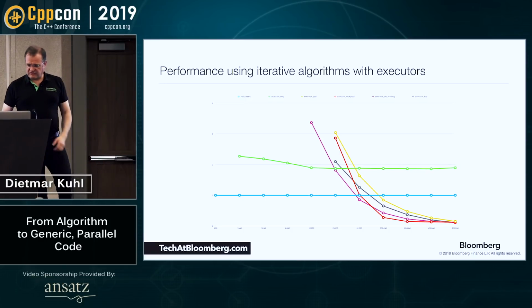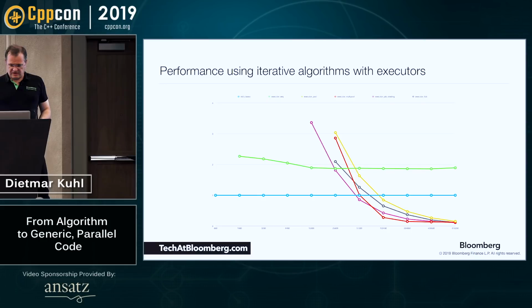And then the various executors, which I actually show over here: the pool executor, which I just described, is the yellow version.